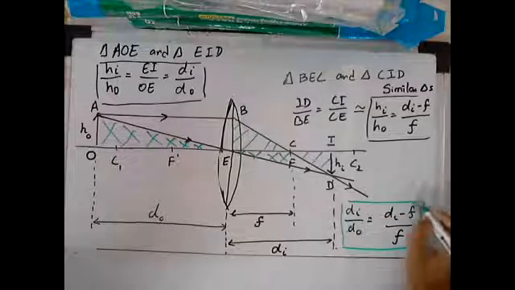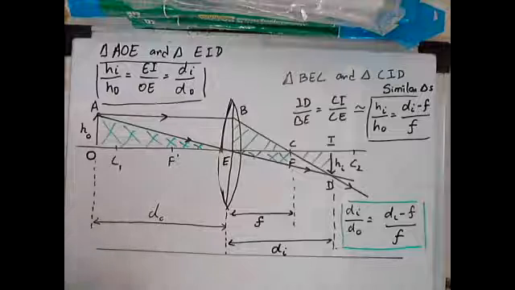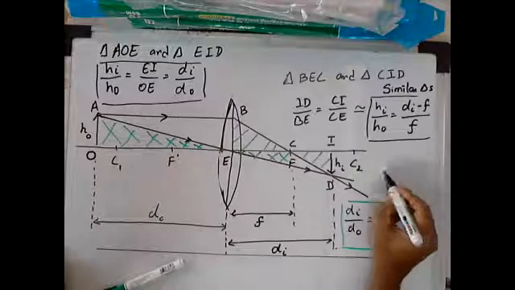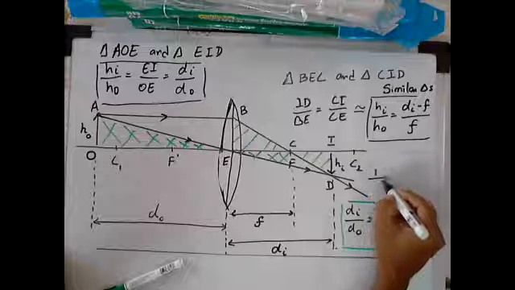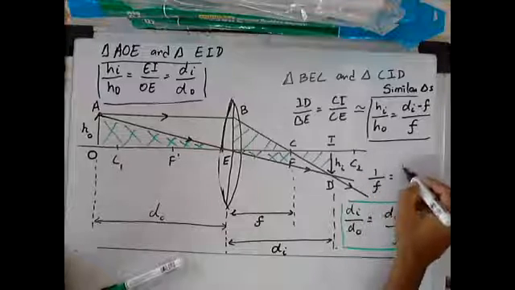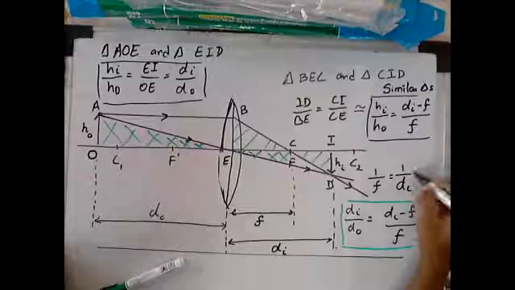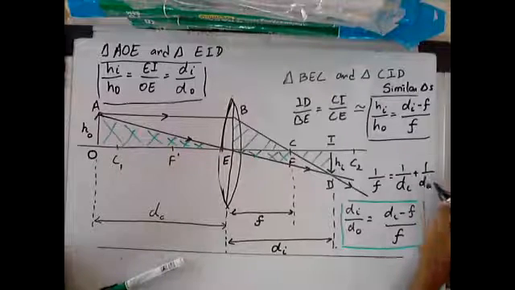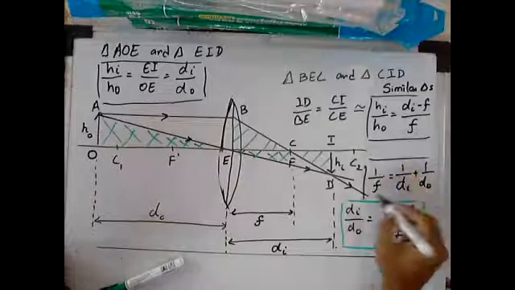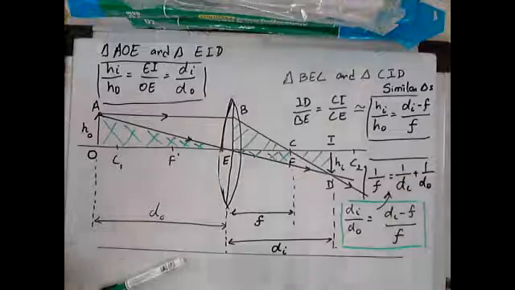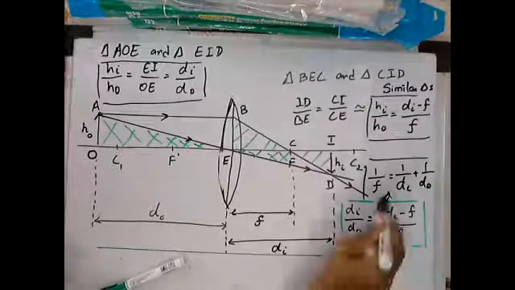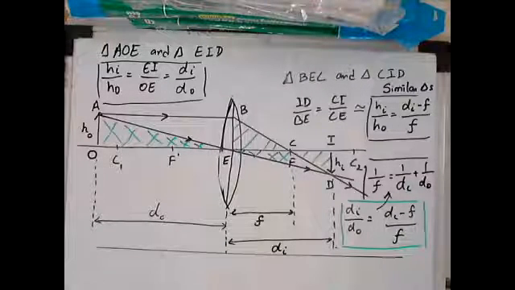This result, if you simplify it, you will get the lens equation, which can be written as 1 by f will be equal to 1 by di plus 1 by do. I would like you to convert this into this, prove that this is equal to that, and then you will have your lens equation.